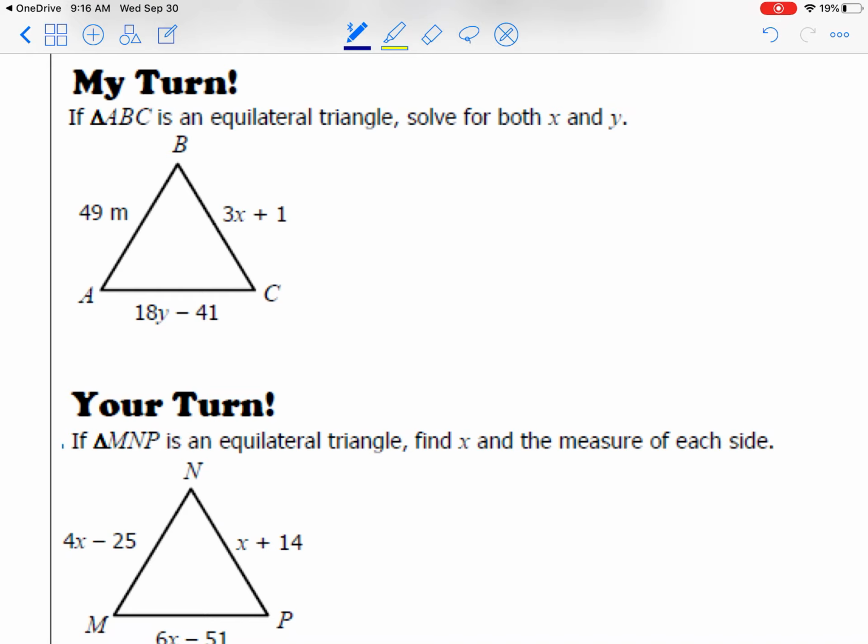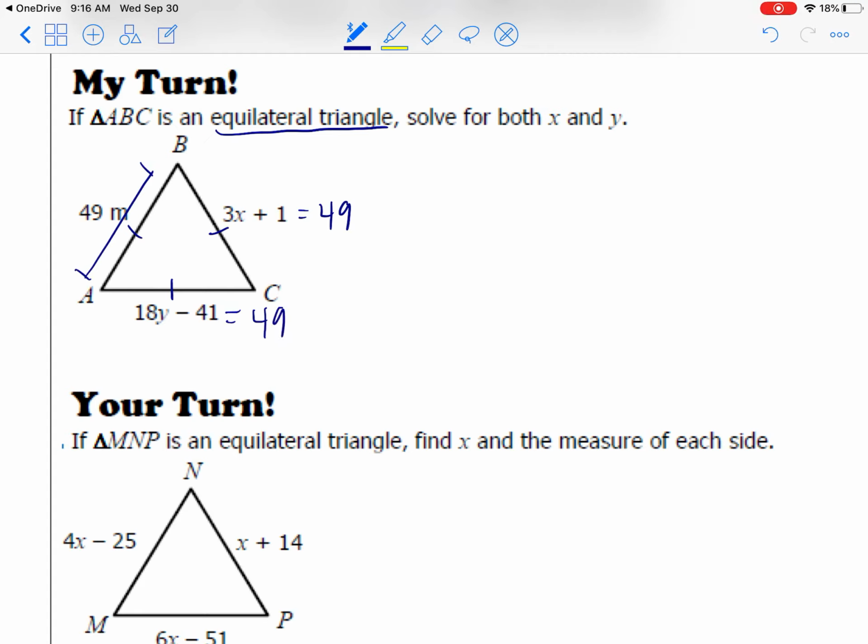Just like we did in the not in the previous problem, but the one before that one. So if triangle ABC is an equilateral triangle, again, they're telling you it's an equilateral triangle, put the same number of markings, and they want you to solve for x, and then they want you to solve for y. Well, you know that if this is equilateral, if AB is 49, then BC will also be 49, and AC will also be 49.